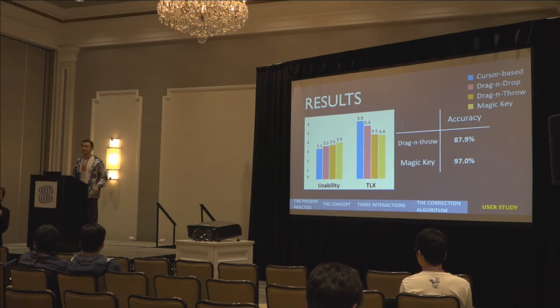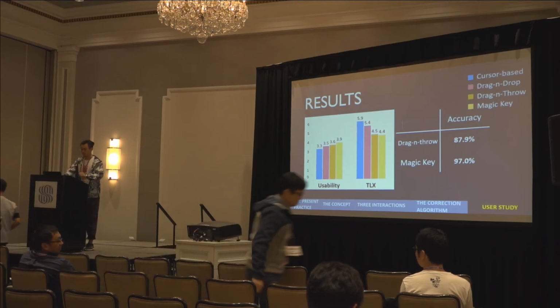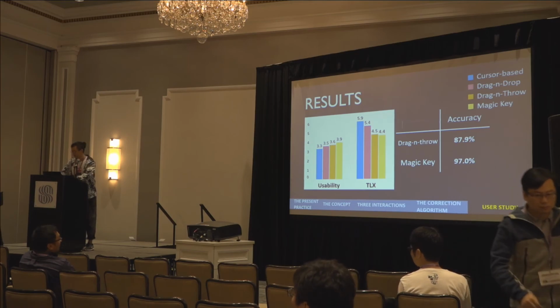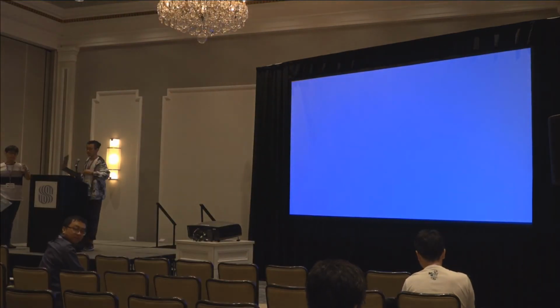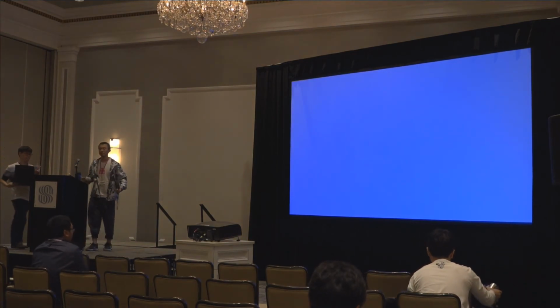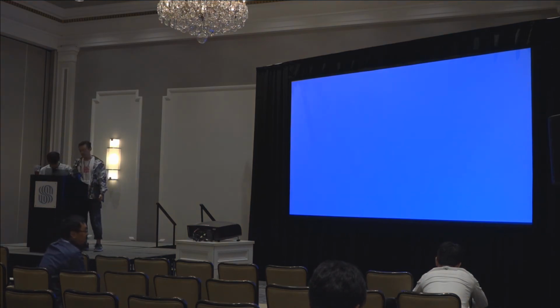Okay, one last quick question. Sort of like a different version of Michelle's question. To summarize it, these are error correction techniques with a different degree of automation. Like the drag and drop, essentially 0 degree of automation. The magic key is almost 100% automation, short of mind reading.